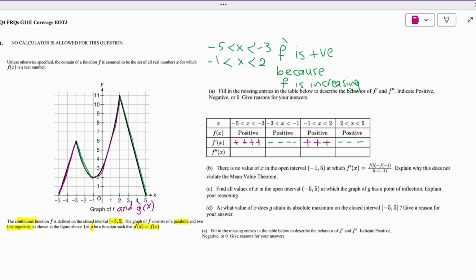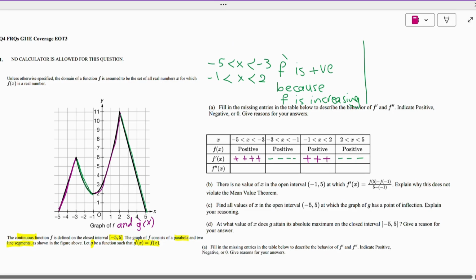Similarly, we can say that for the other two intervals highlighted in green, f prime is negative because f is decreasing. So we can write it somewhere here. Let me just get a space.